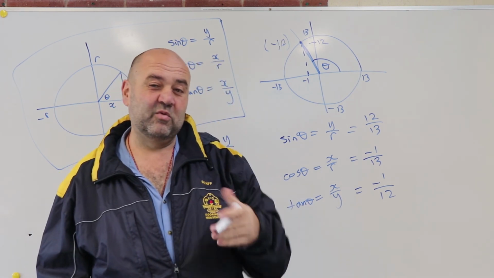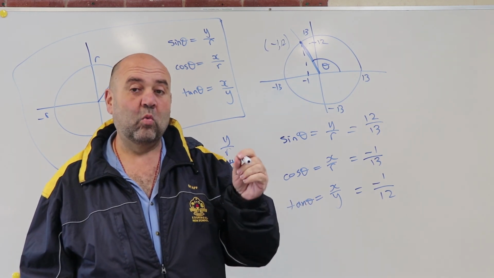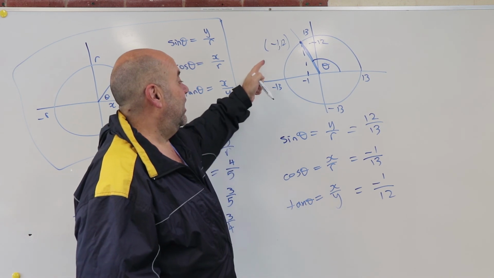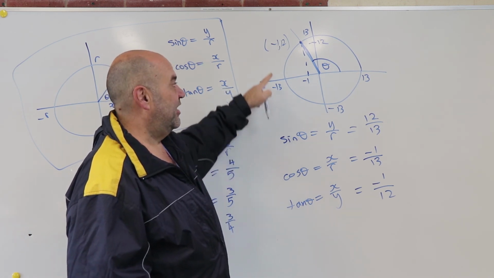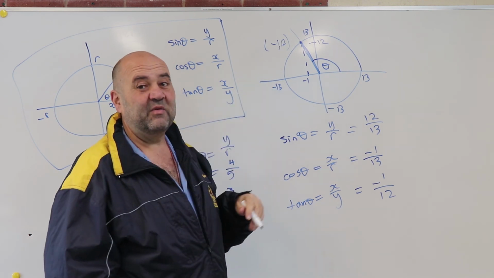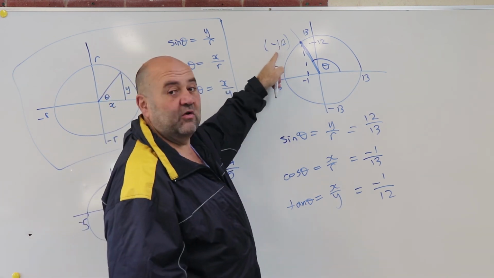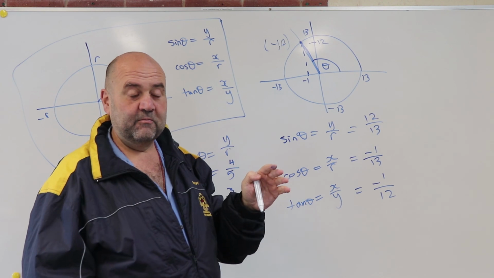We'll do this in our next exercise, but think about why sine theta here had to be positive, and why cos theta had to be negative and tan theta had to be negative, and why for any angle in the second quadrant, in this quadrant here, that's always going to be true.